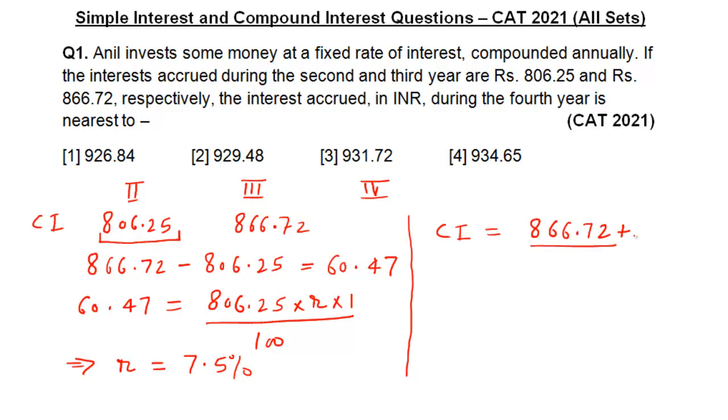So again I will do the same, that means 866.72 multiplied by 7.5 by 100, because the rate of interest is 7.5%. So that will give me 931.72. There is a little bit of calculation here that you have to do, otherwise this question is very simple. So we got the answer 931.72, so option 3 is correct.